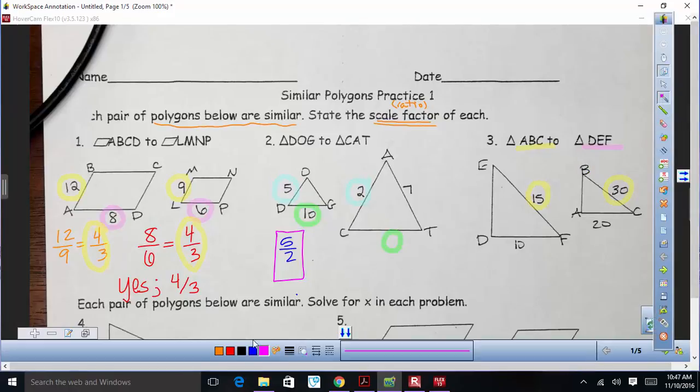Okay, so that would be 30 over 15. What does that reduce to? 2 over 1, right? And then we have DF, which corresponds with AC. So we're going to put that as a ratio as well. So that would be 20 over 10, which is 2 over 1. So yes, this one's similar and the scale factor is 2/1.